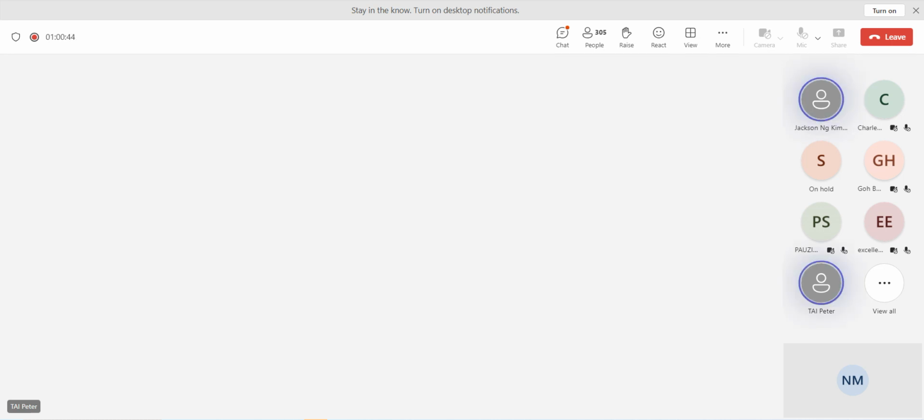Okay, there's one more question. In the event of a dispute... Jackson, can you read the question? As I open the file, it's stuck already.